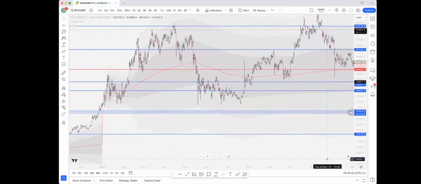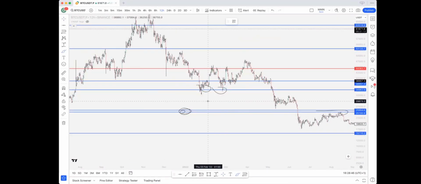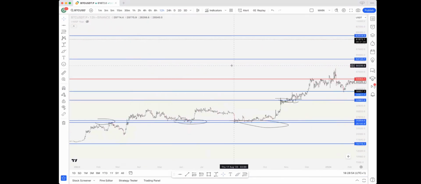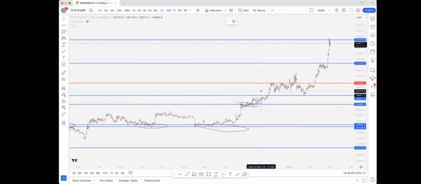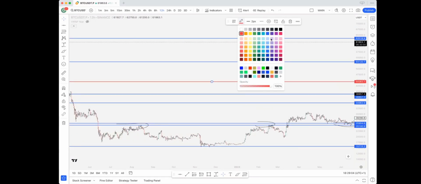So we're here. And as we can see, resistance, support, more resistance, and support.